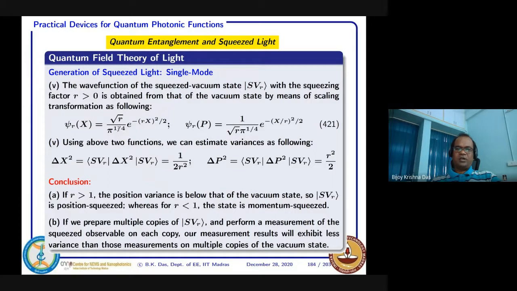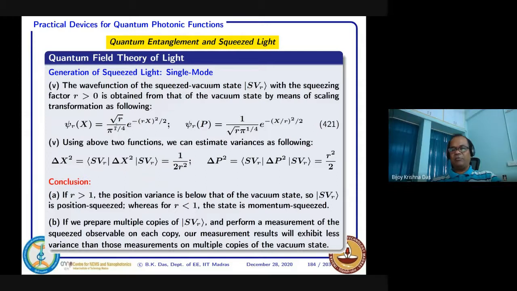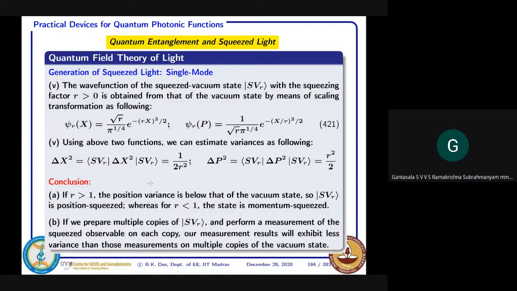I'll check that. I think r square, because this one also will come here, no? Oh, okay. Here r will be there, not only in the amplitude; this also will be involved. In the integration, this r is there. So I think we have to check. That's correct, sir.